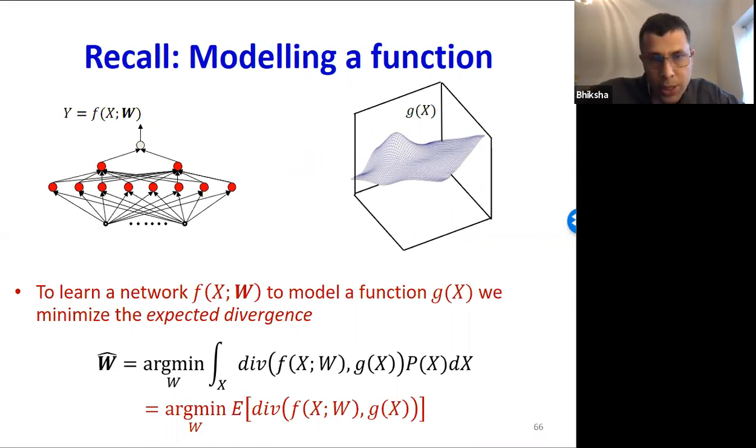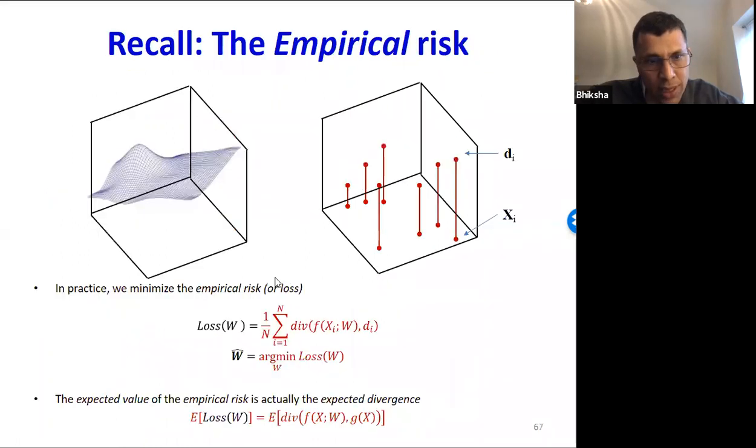Okay, so let's continue. Remember what we did when we were speaking of modeling a function. What we really wanted to do was to minimize the expected divergence. What we minimized instead was the loss, which is the average divergence over all training instances. We worked this out in the last class: the expectation of the loss is actually the expectation of the divergence itself.